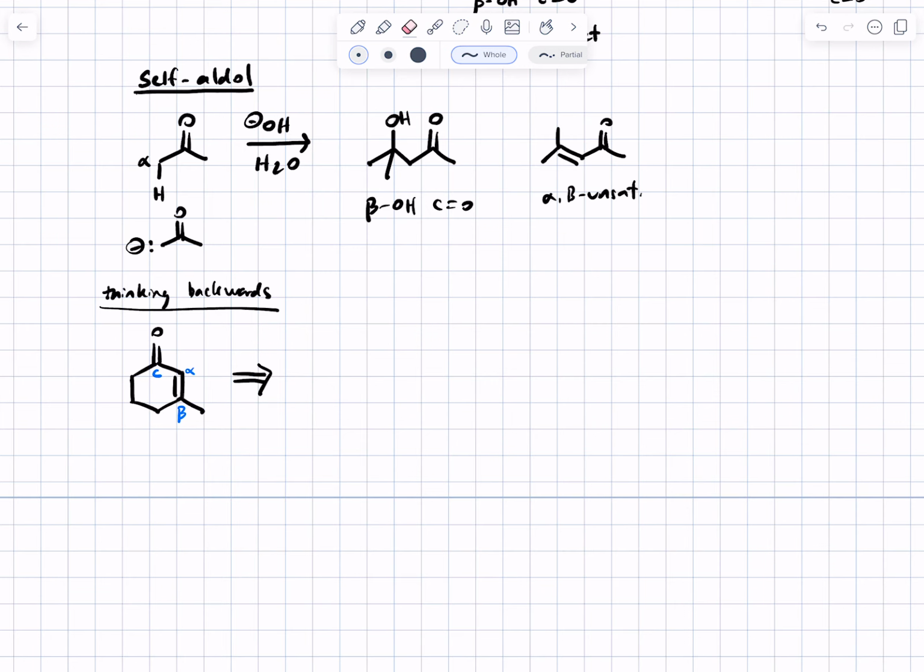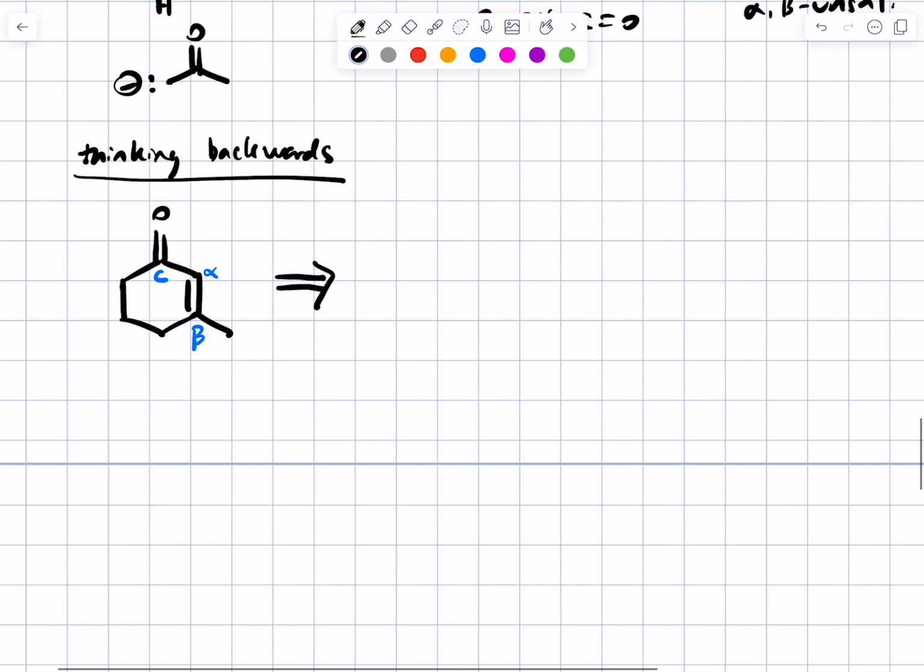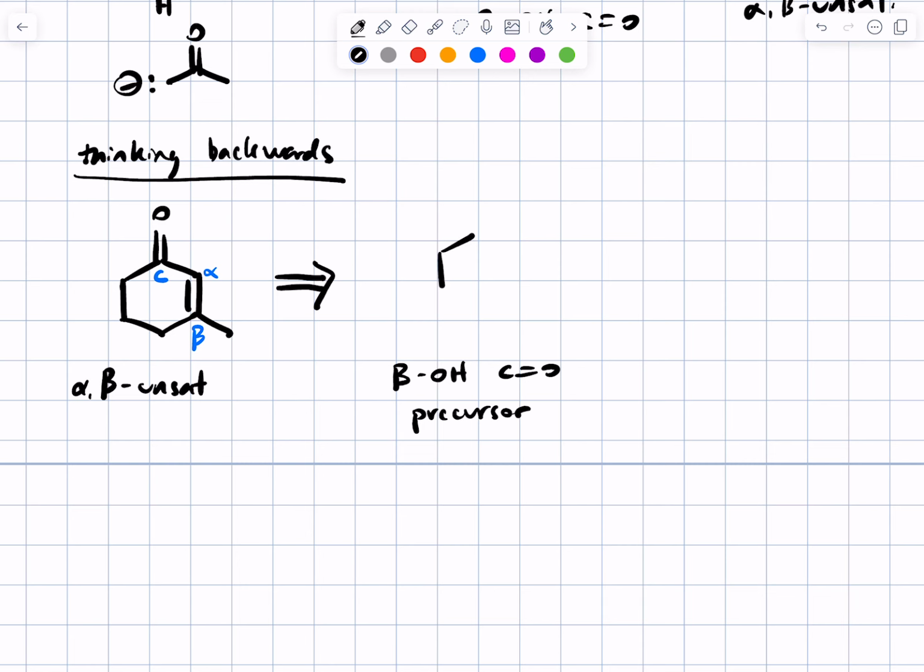So what was the starting material? Start with the alpha beta unsaturated carbonyl compound, identify alpha and beta carbons, then draw the beta hydroxy carbonyl precursor to that dehydrated product.